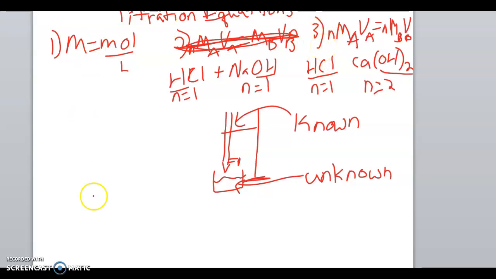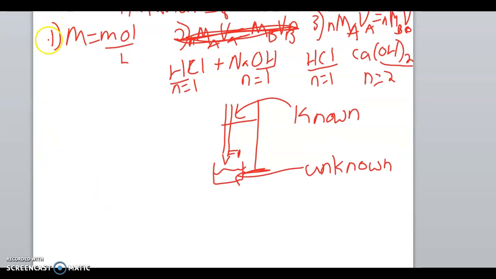The times you would ever use equation number 1, molarity equals moles per liter, is when you're just looking at one thing. I'll make a divide here. That's when you're only looking at an acid or only looking at a base. You're not mixing a known acid and a base.